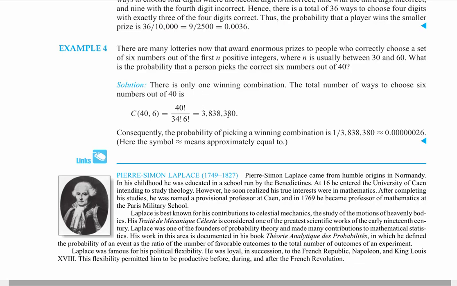And only one of those is the winning combination. So the probability of winning this lottery is 1 in 3 million, close to 1 in 4 million. So 0.000, lots of zeros, 26.